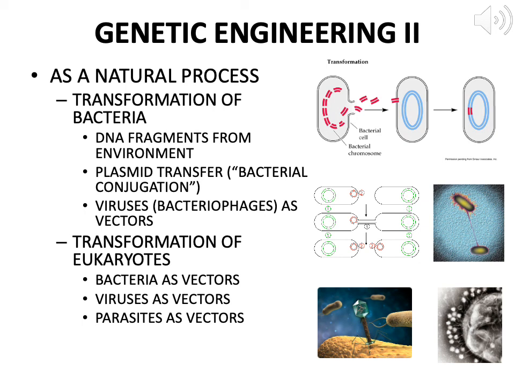Viruses could be vectors of these genes, and parasites could be vectors of these genes. The bottom line is if a new gene can find its way into a bacterium, a new gene can certainly find its way into a eukaryote. And it is and has been a natural process.